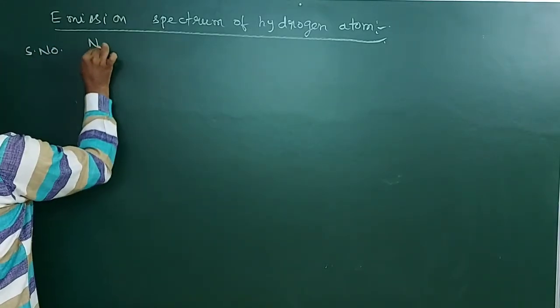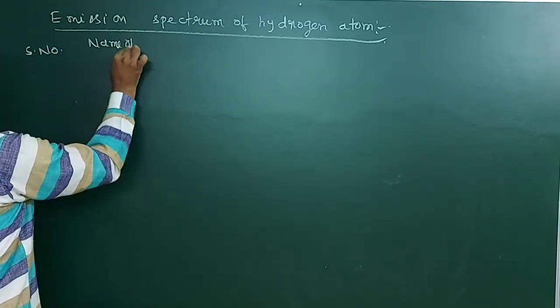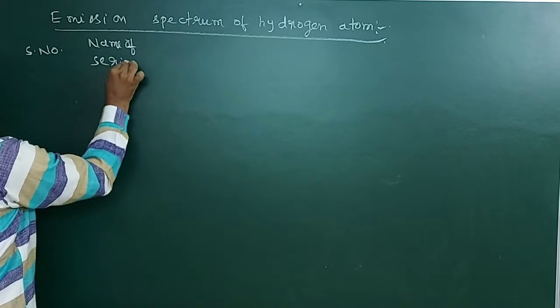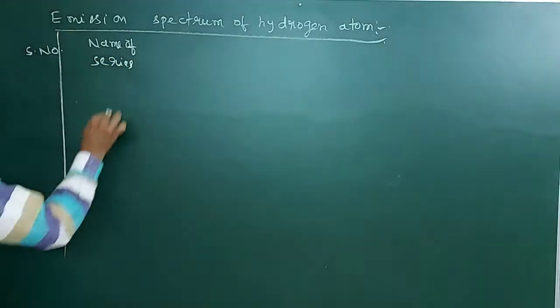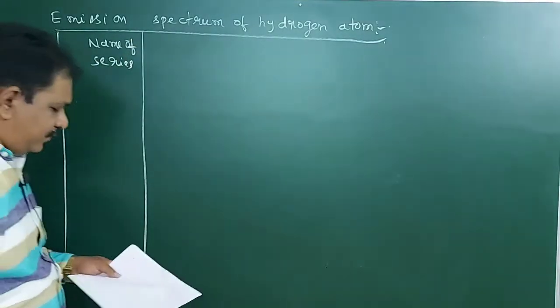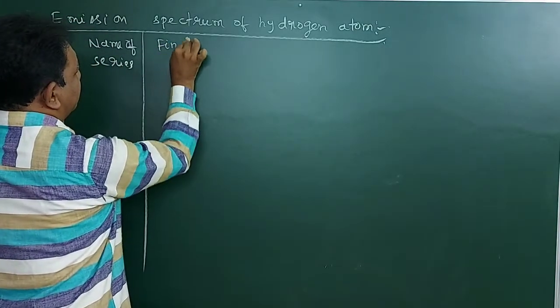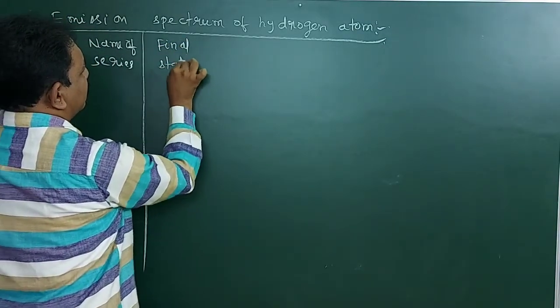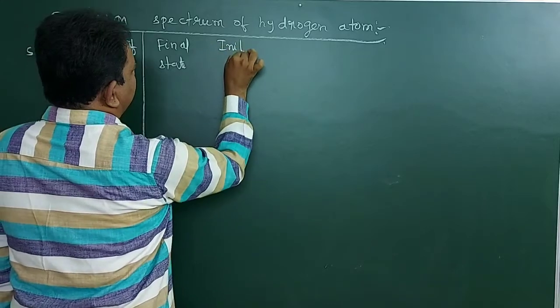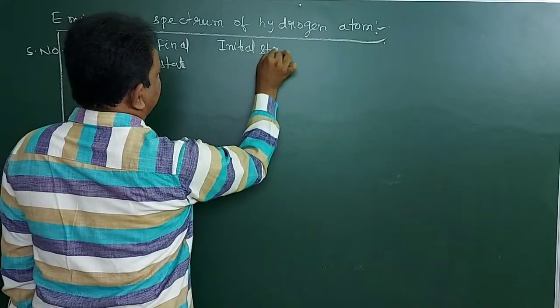Next, name of series. Serial number, name of series, final state. Next, initial state.